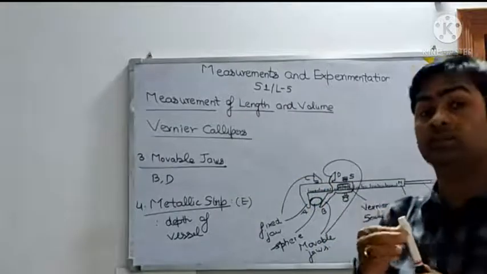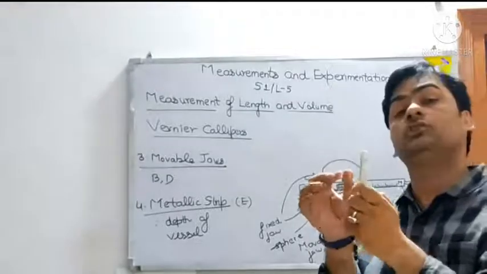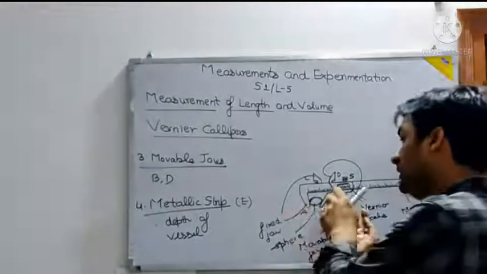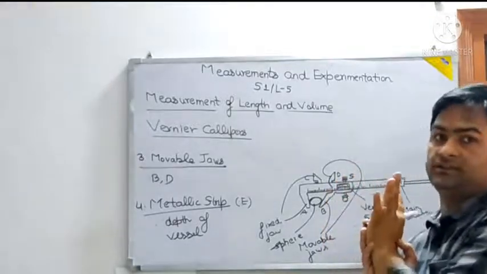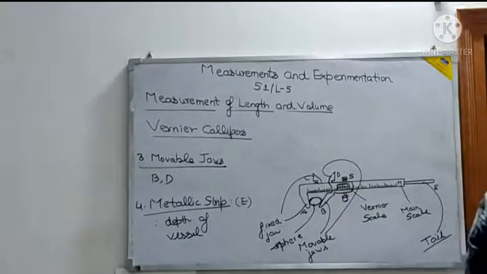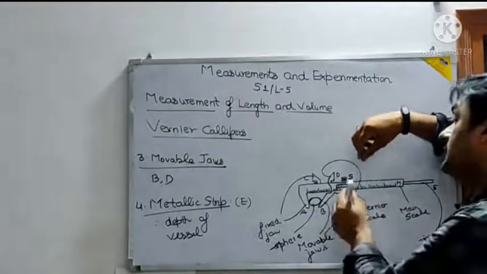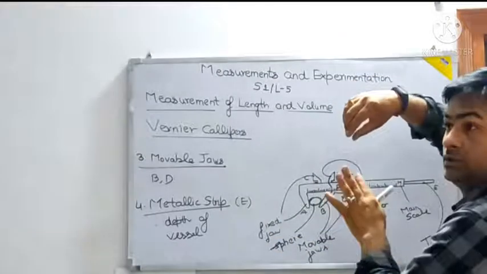While measuring, this grip should be not too tight, not too loose. It should be enough so that when you remove the object, the coinciding division should not change on the vernier scale and main scale. So the screw is only used for fixing the vernier calipers.